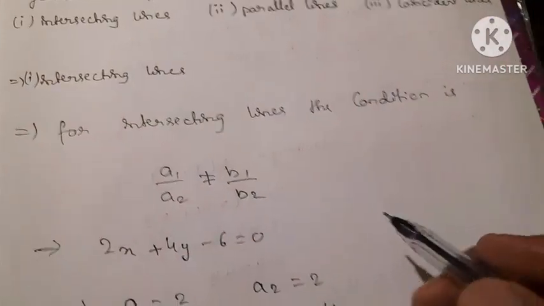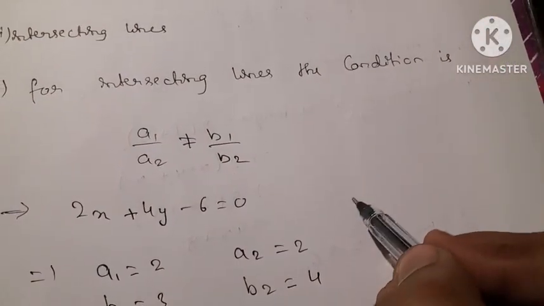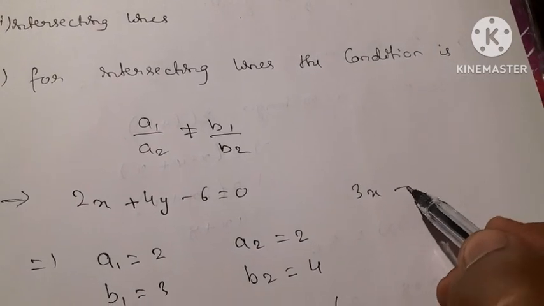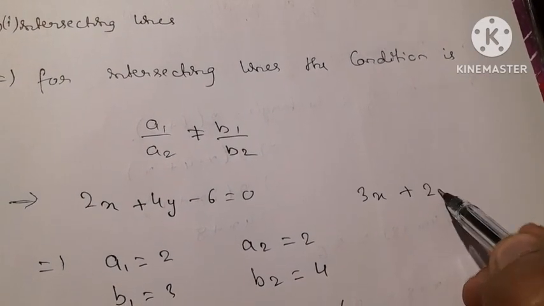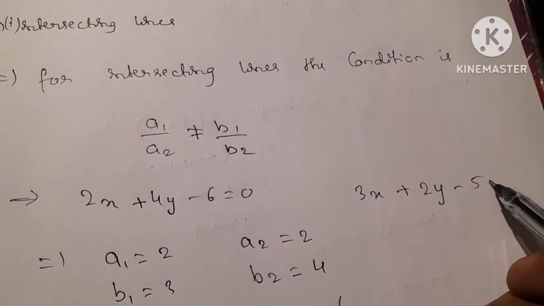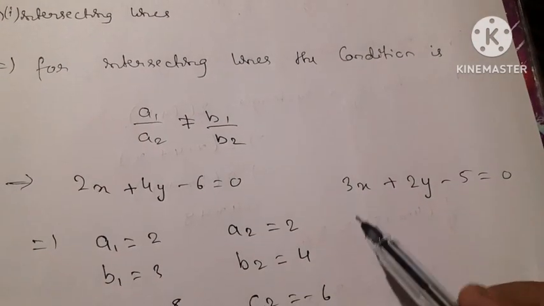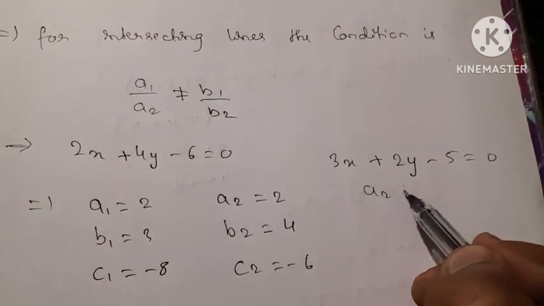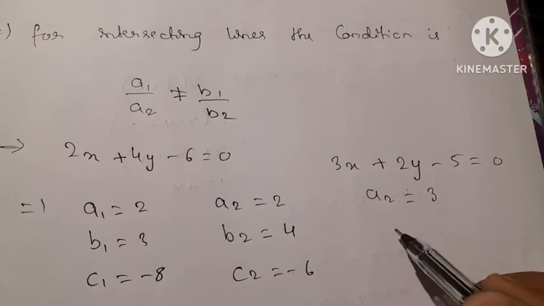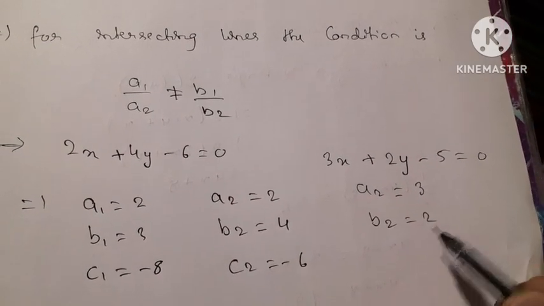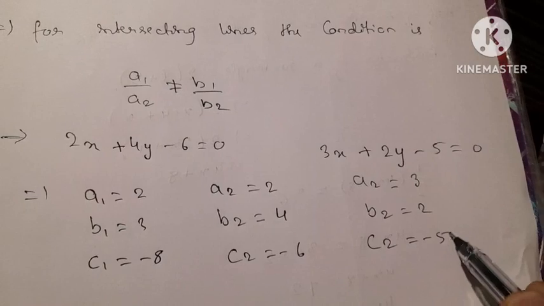Suppose we take another example. Let's say 3x plus 2y minus 5 equal to 0. For that equation, a2 will be 3, b2 will be 2 and c2 will be minus 5.